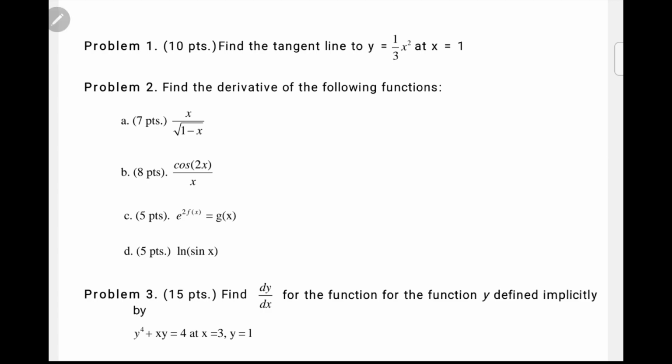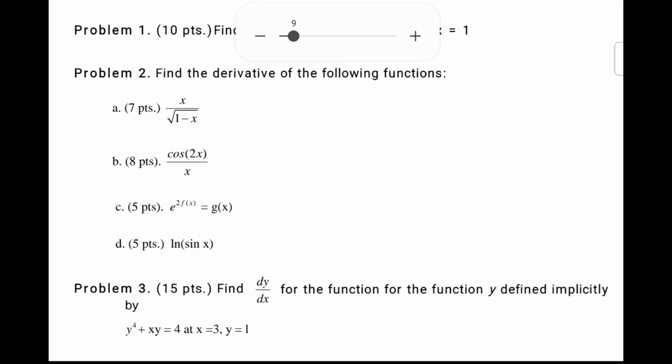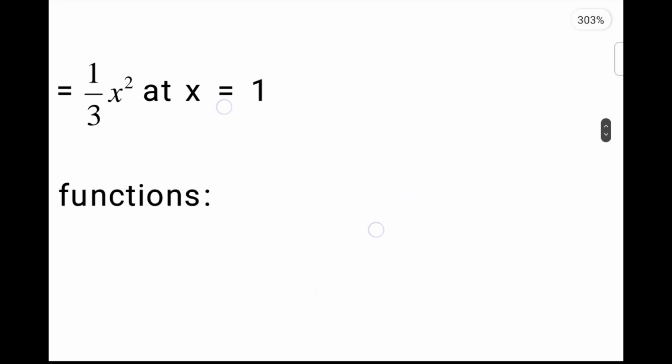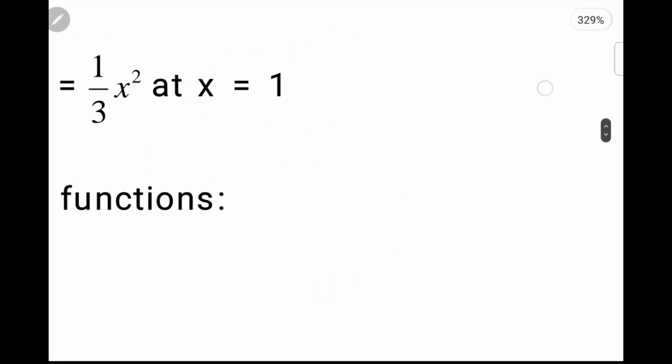Find the tangent line to the function y equal to 1/3 x squared at x equal to 1. So let's check quickly how the function y equal to 1/3 x squared looks like.